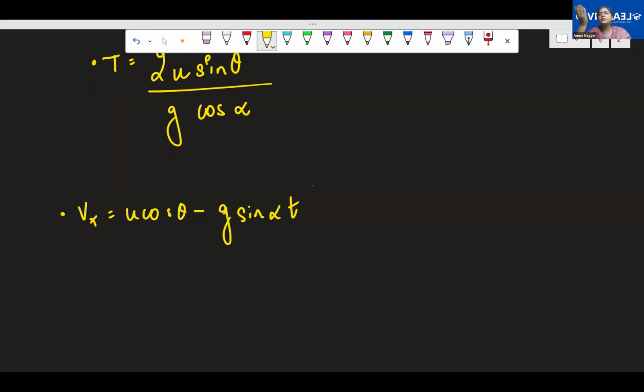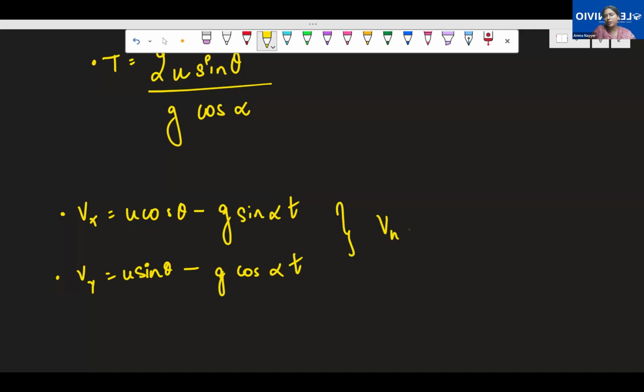Instead of just putting gt, we have g sine alpha t. Okay, this is the formula for the x-axis. And for the y-axis, same formula, but the sine and cos will be interchanged. This will be u sine theta minus g cos alpha t. So these are the velocities.